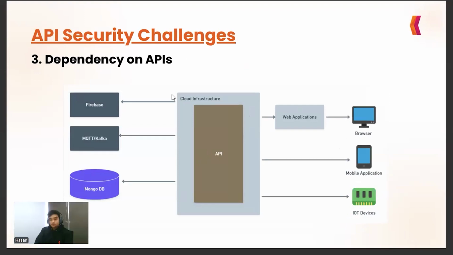Most of these APIs further consume other APIs, and in most cases your application may be depending on some databases. In today's scenario, most of these are cloud databases like MongoDB, Firebase, or something like that. And in addition to that, an API may be consuming many other services.